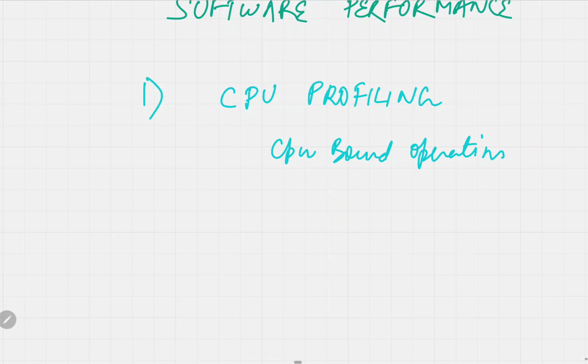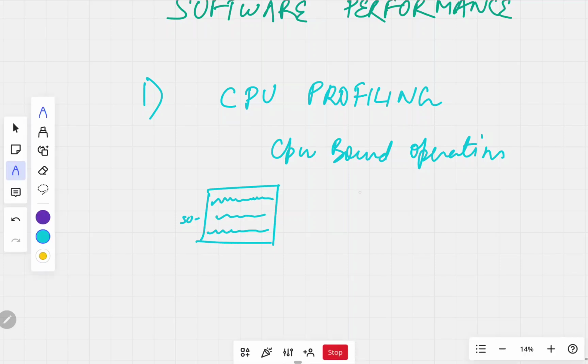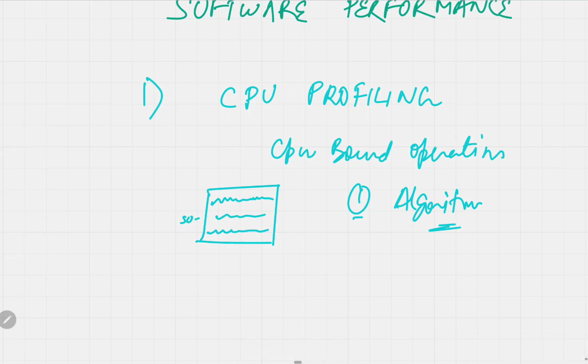So if the CPU is around 50% mark, that is healthy, and we would say it is acceptable. If the CPU is spiking, first think of algorithms. Is any particular loop or some inefficient algorithm causing the spike?